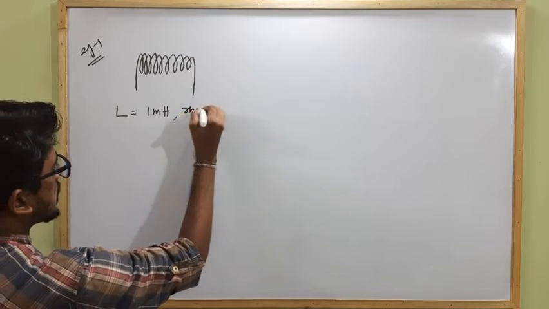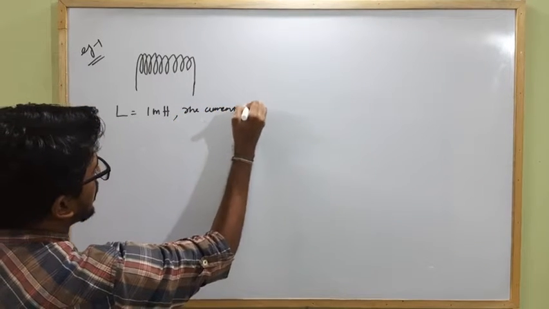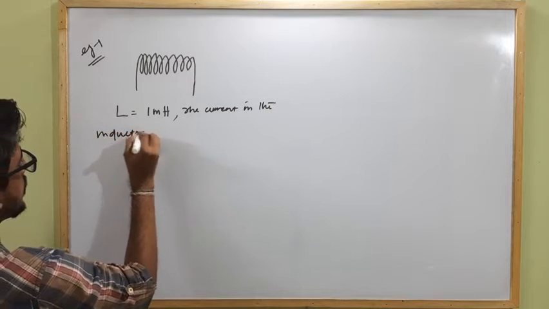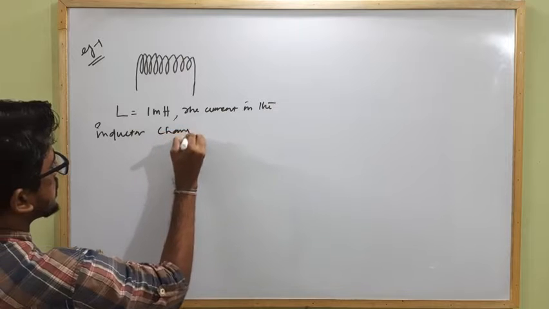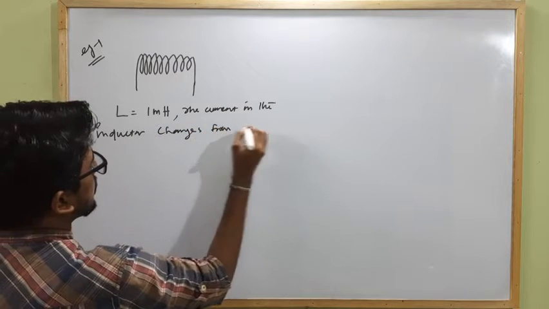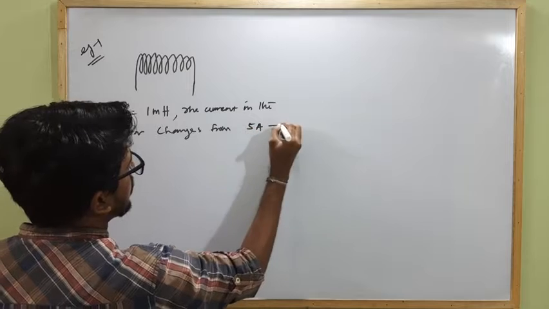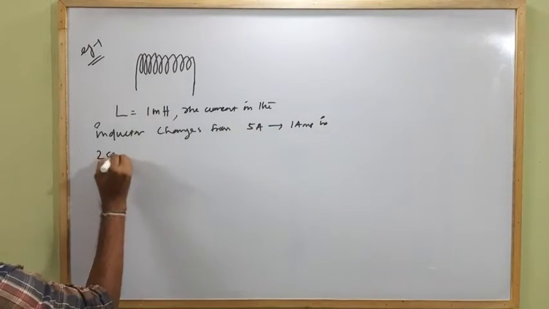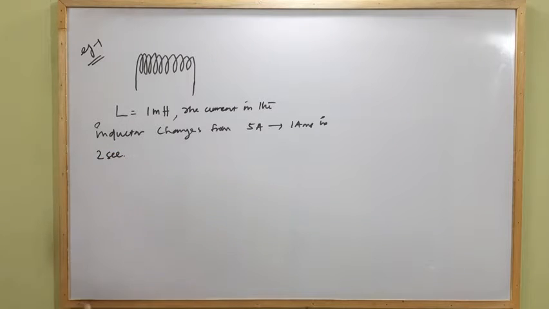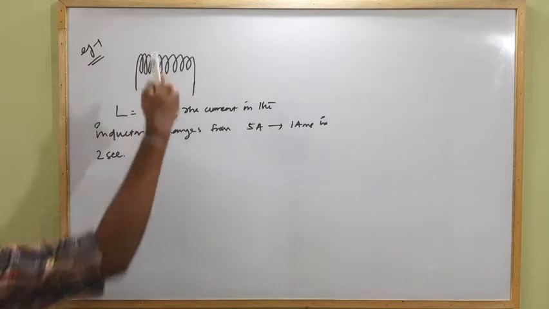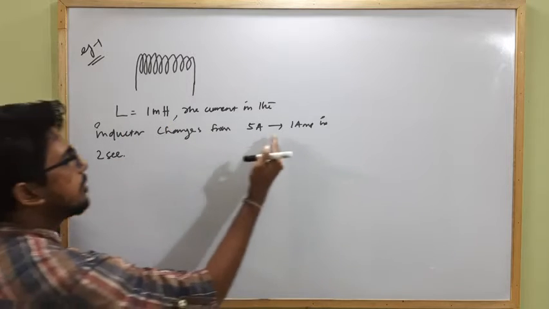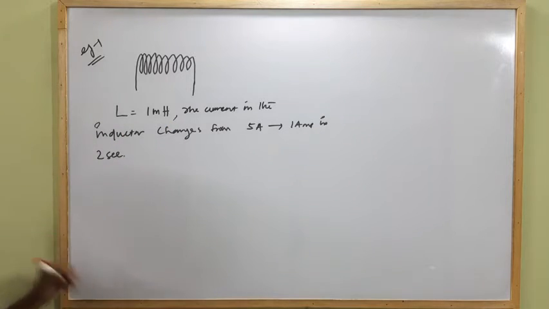The current in the inductor, which has self-inductance 1 millihenry, changes from 5 ampere to 1 ampere in 2 seconds.